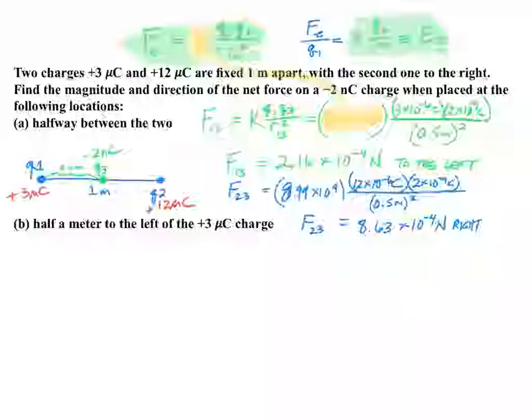All right, so the net force would equal F23 minus F13. And if you crunch those numbers, you should get 6.47 times 10 to the minus 4 newtons to the right.